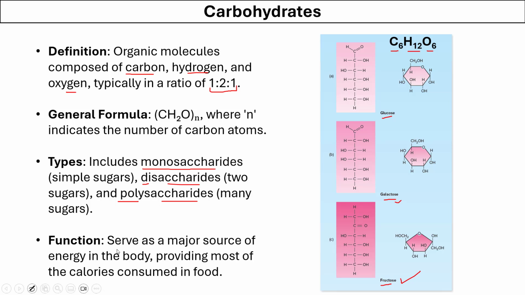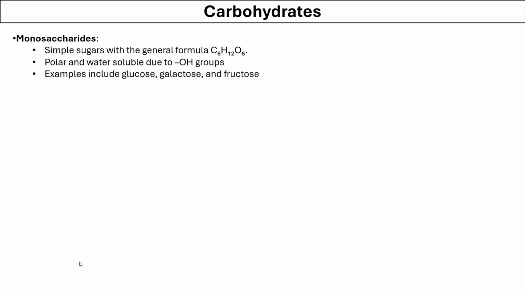Carbohydrates have several functions in our body. The most important one is providing a quick source of energy. So, what are the types of carbohydrates? First is the monosaccharide, in which you have only one molecule of sugar.